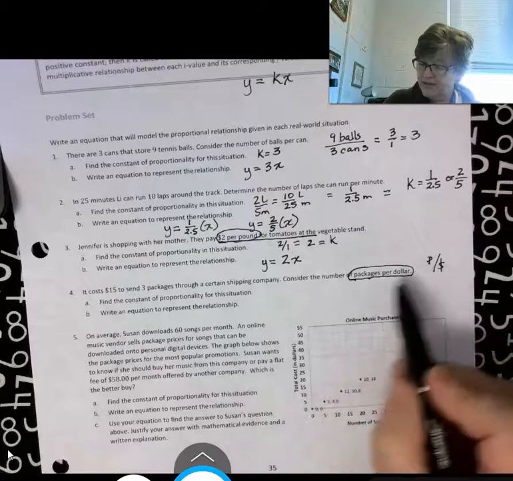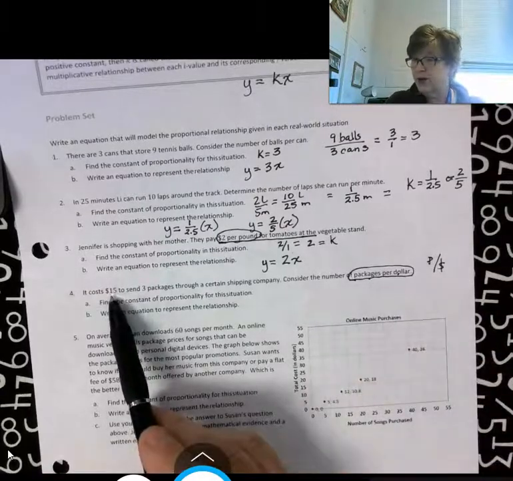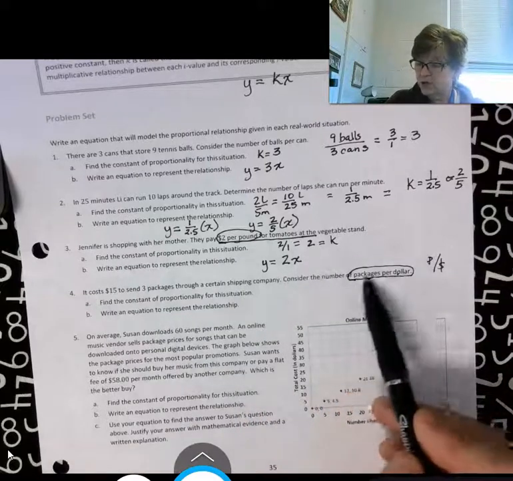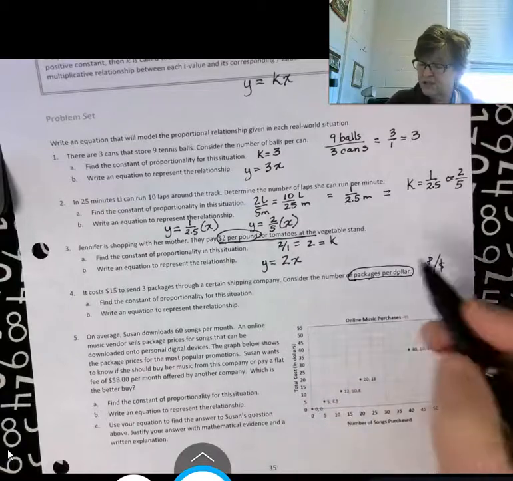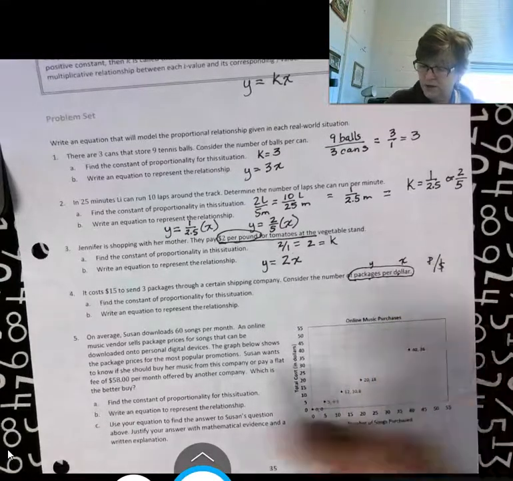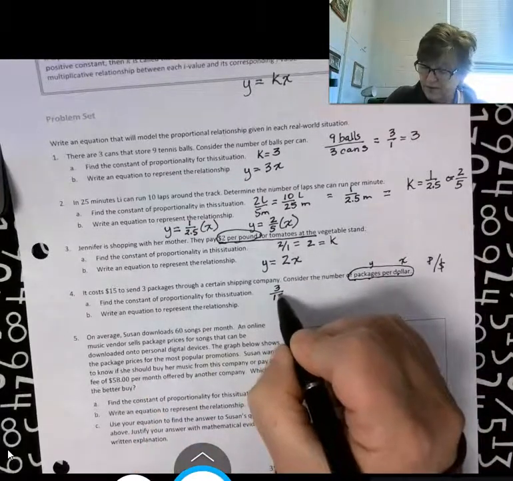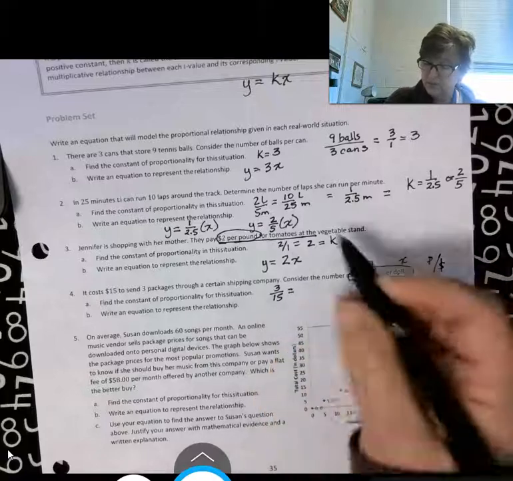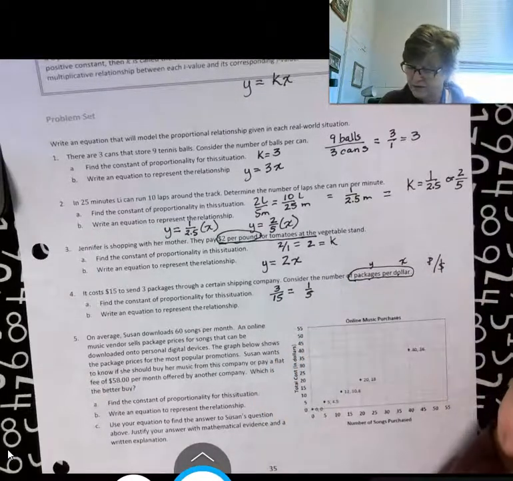So with that being said, and you have to pay close attention because we often put the money on the top. So you need to look at your values here to know that my packages is my y value and my dollar is my x value. So if I have 3 packages and $15, that is equal to 1/5.